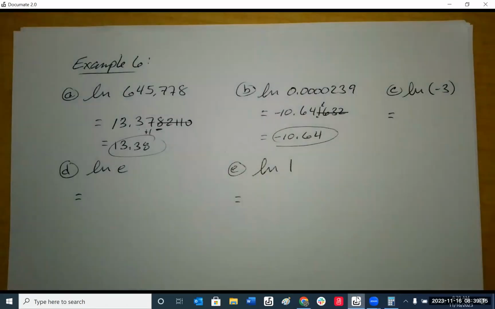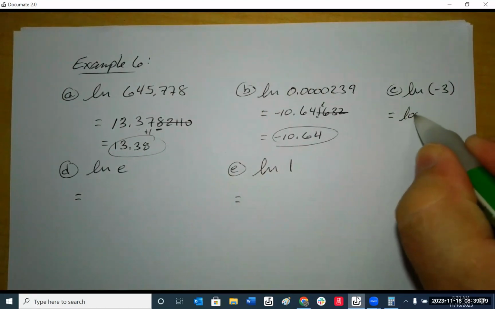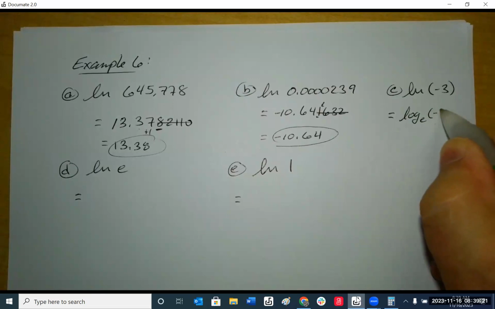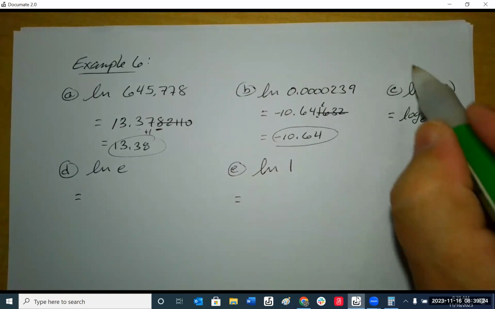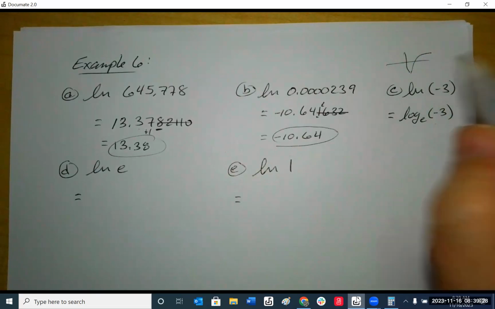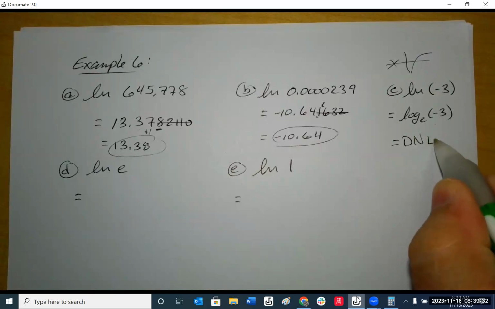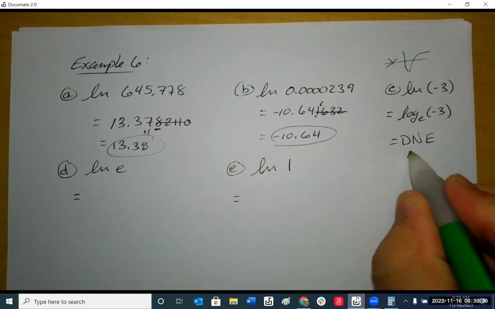The reason is you cannot, again, this is a log base e. The graph of logs all look the same. You cannot have negatives. So this does not exist, or error.